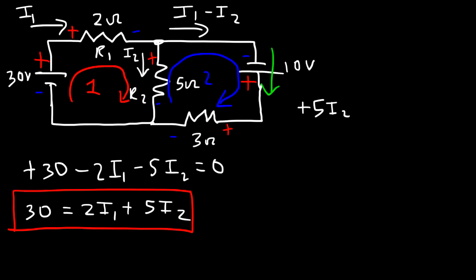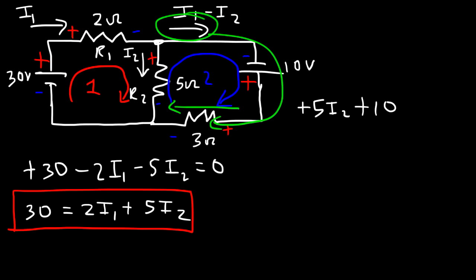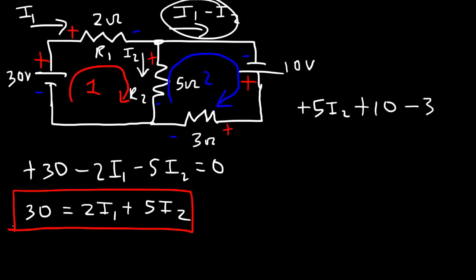So that's another voltage lift of positive 10. And then we need to travel in this direction, that is in the direction of this current as it goes this way towards the lower potential. So that's going to be a voltage drop, and so that's going to be negative 3 times this current, which is I1 minus I2.